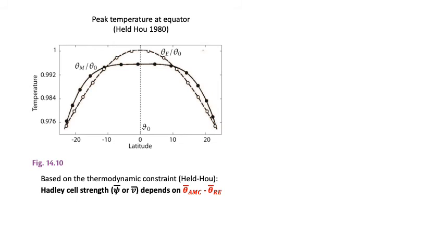The temperature peaks at the equator and decreases, and the angular momentum conserving solution is flatter near the equator, moving away from the equator, and then decreases more rapidly at higher latitudes. Again, we had said the thermodynamic constraint says that the Hadley cell strength depends on the difference between the angular momentum conserving and radiative equilibrium solutions. So the areas between the curves.